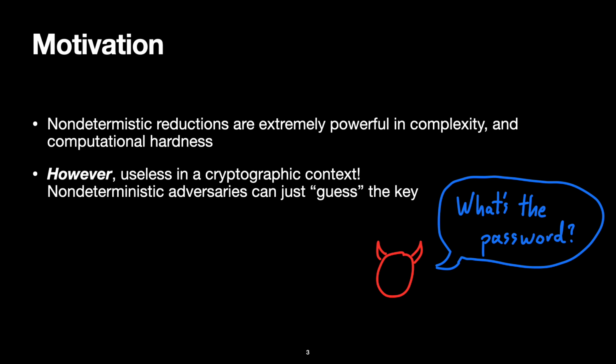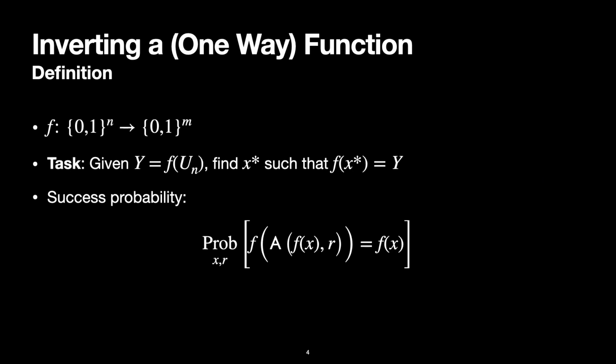Well, first, let's think about a standard classical problem in cryptography, inverting a one-way function. By this, I mean, let's say we have a function that's taking n-bit strings to m-bit strings, and we are given a uniform random input, U_n in this case, to that function, and we compute the function of that, we get y, and our task is to find any x star such that f of x star is equal to y.